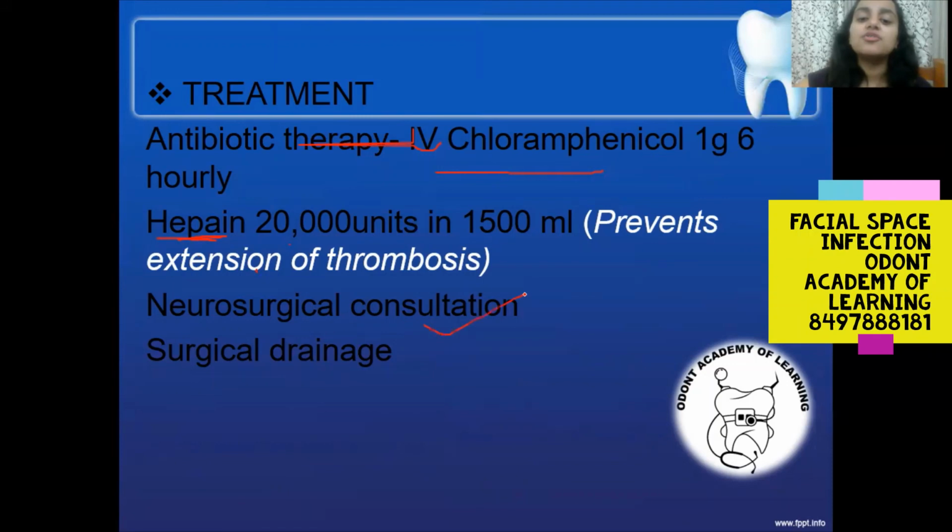Apart from that, a neurosurgical consultation must be done, with an MRI or CT, just to make sure that the infection has not spread deeper, and surgical drainage to remove the excess pus.